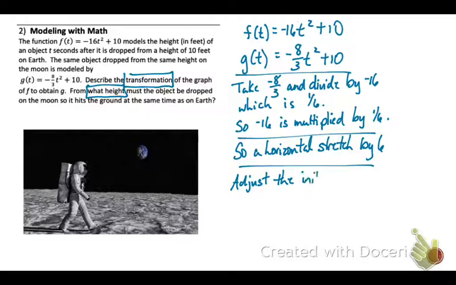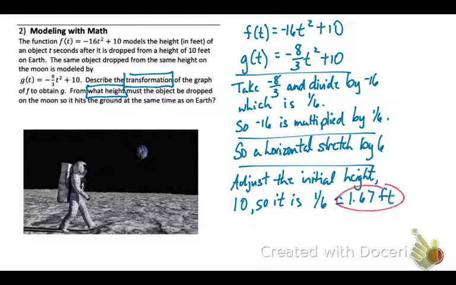So 10 times 1/6 will give us approximately 1.67 feet. So something dropped on Earth at 10 feet and dropped simultaneously on the moon at 1.67 feet will fall and hit the ground at the same time.